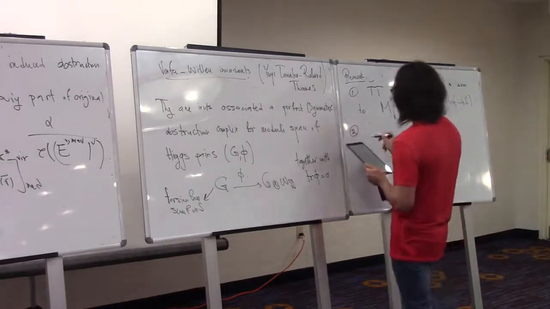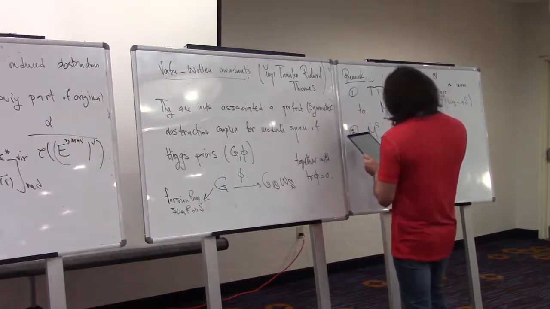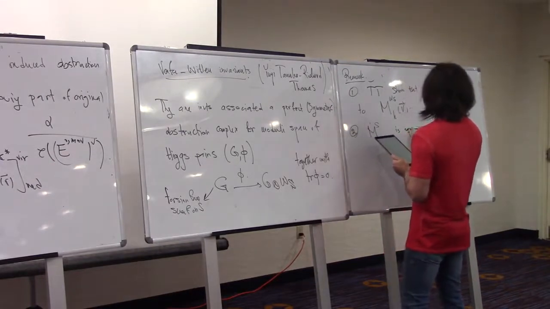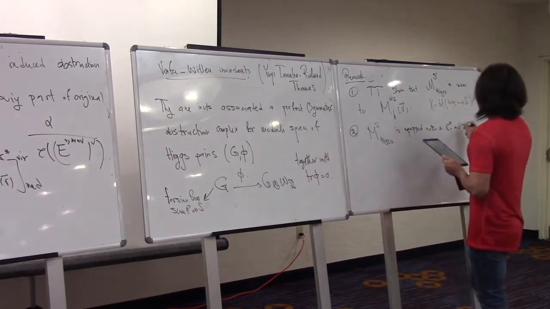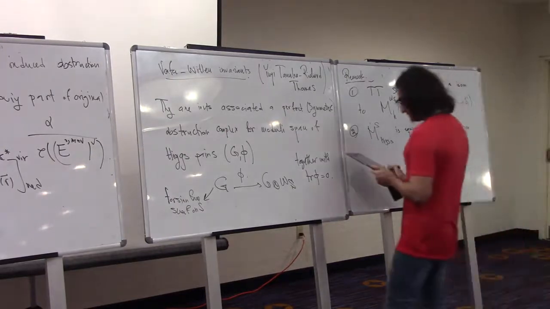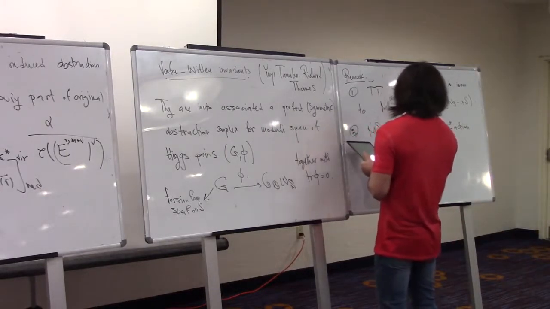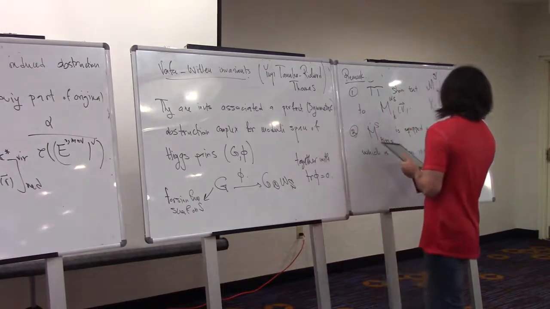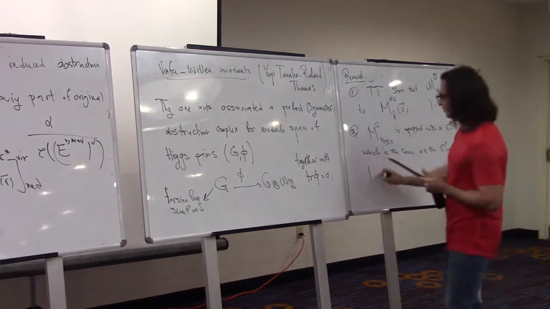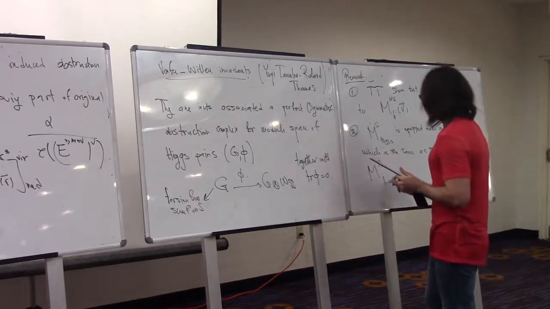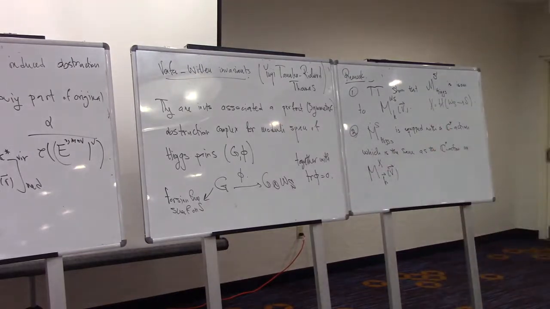The second fact is M Higgs is equipped with a C star action, which is the same as the C star action on M_X^{HV}. Okay.